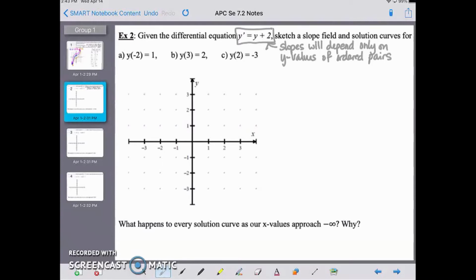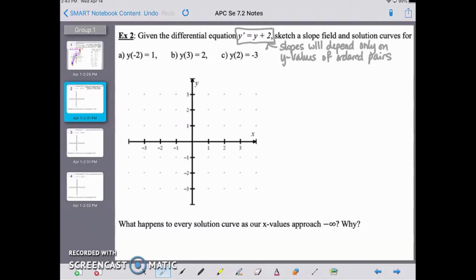And this is because on the right side of our slope equation or our differential, we just have y plus 2. X does not appear on the right-hand side of the equal sign. Therefore, our slopes are not affected by the value of x in the ordered pair. They are only affected by the value of y.